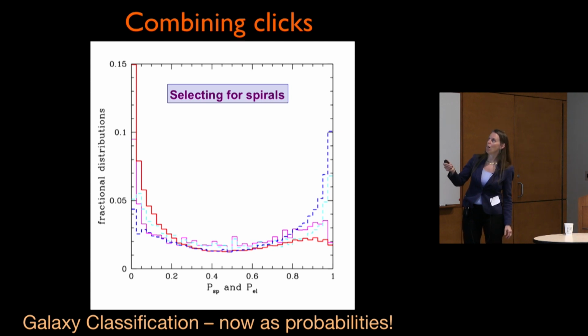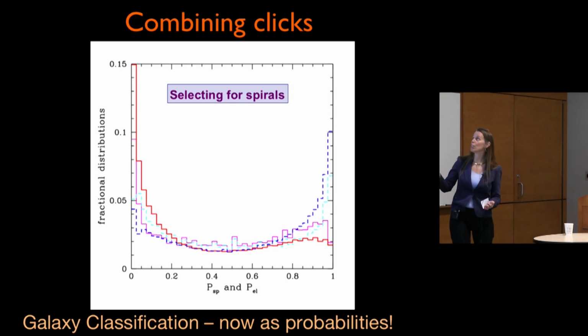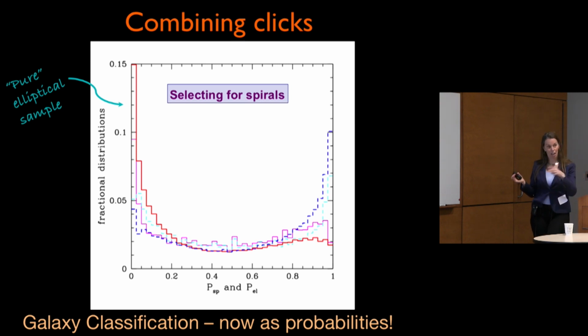All of the votes that came in, 35 on average per galaxy, right? If 35 out of those 35 said it was a spiral, it's going to land in this bin here. So 100% probability that it's a spiral. If 0 out of the 35 say it's a spiral, then it's 0% chance that it's a spiral, but because we're in a binary system, it's 100% chance it's an elliptical.